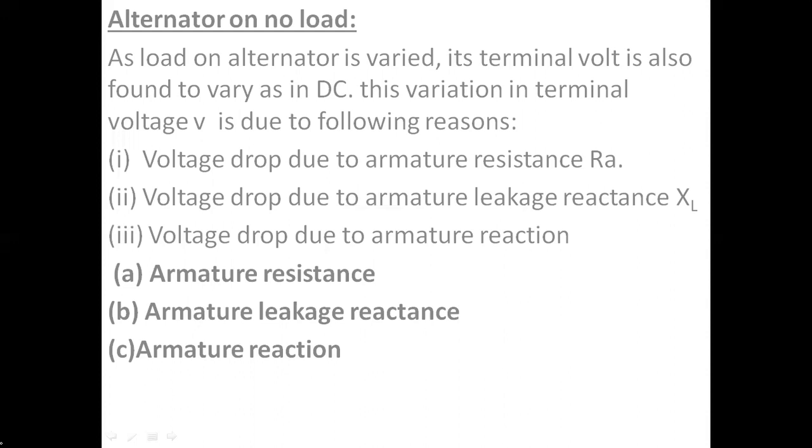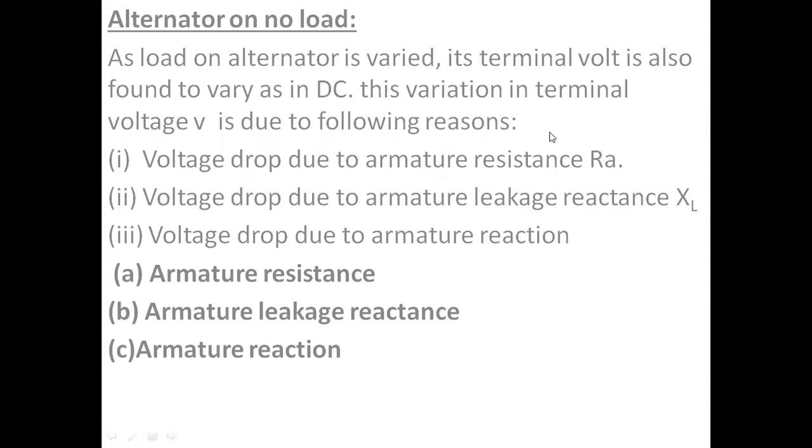Okay, next, second one. Voltage drop due to armature leakage reactance XL. Due to the inductive nature also, there will be some voltage drop. If the current is passed through the inductance, the coil gets heated up, and again a voltage comes across the inductor.